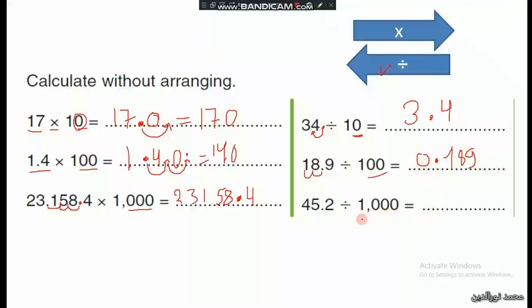And then we are dividing by 1000, so we have to move 3 steps to the left, 1, 2, and 3. So we have to put 0 here and 0 here, so it becomes 0.045 and 2.